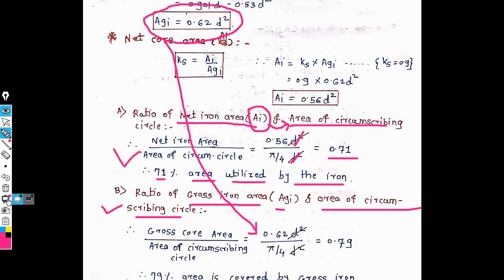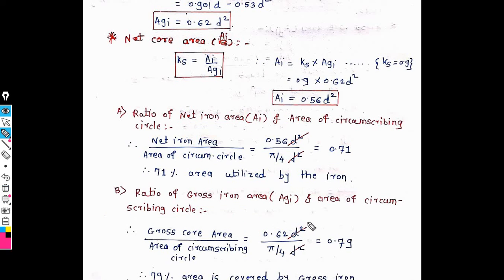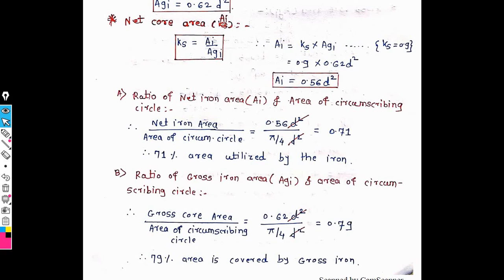Then 0.62 d square gets cancelled, that is 0.62 upon pi by 4. Then the gross iron area with respect to area of circumscribing circle is 0.79. That means 79% of the area is covered by gross iron area.